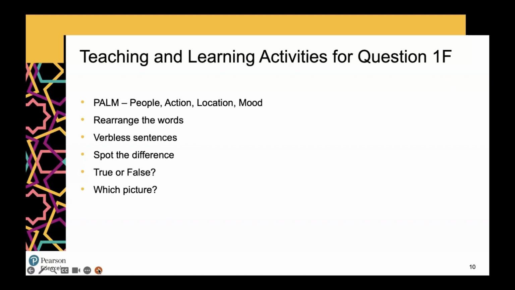So as I said, the first one, PALM, is an acronym that many of you will be familiar with. People, action, location, mood. It very much came to the fore when we introduced the picture description in the speaking exam of what is currently running for our year 11.